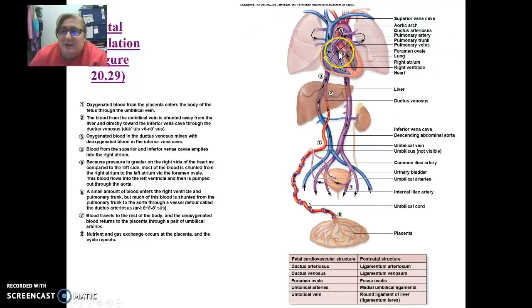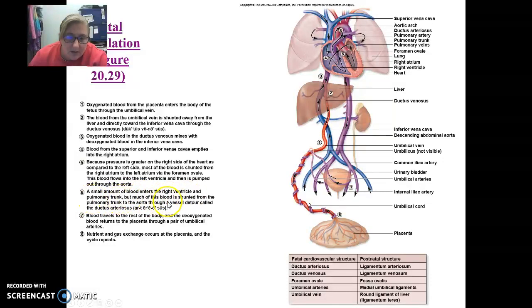Some blood is still going to move out from the right atrium to the right ventricle and out towards the lungs. But even the blood that goes towards the lungs is going to get shunted from the pulmonary trunk directly to the aorta. And that is through the, hold on, I want to make sure I don't say the wrong name.